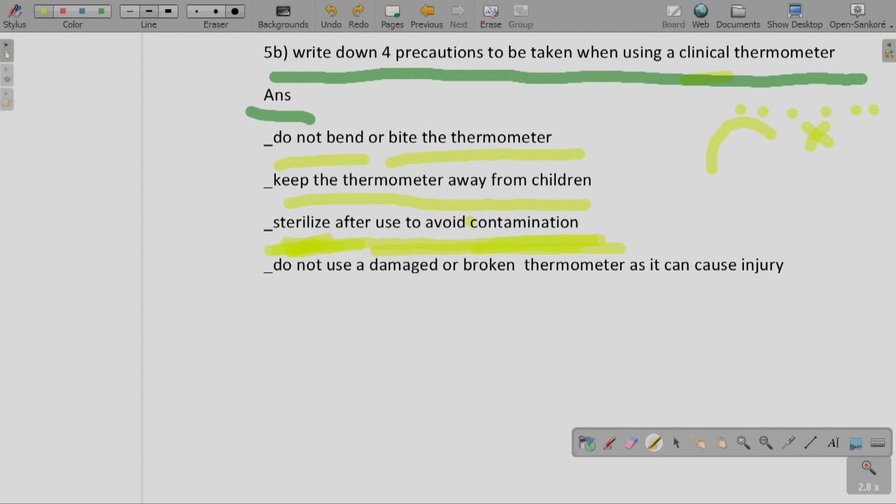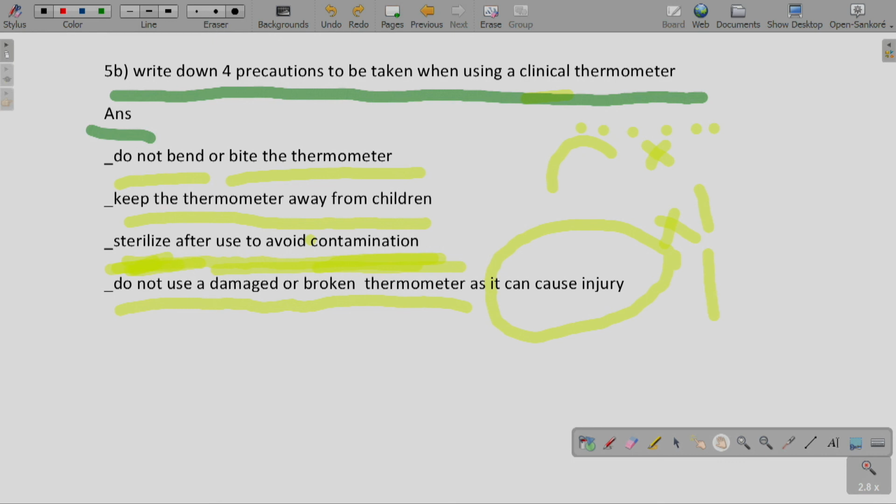And the 4th precaution you should take, do not use a damaged or broken thermometer, as it can cause injury. If you have seen that the thermometer is broken, do not use it, as it can cause injury. Those are the 4. There are actually a lot of precautions, but the question here wanted us to write only 4.